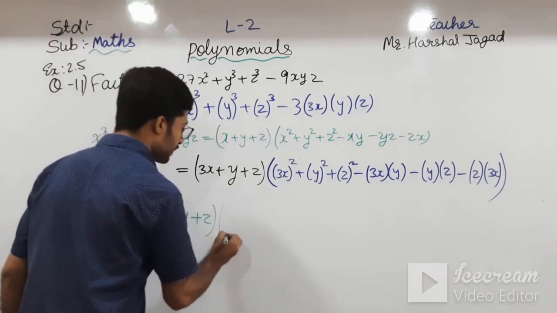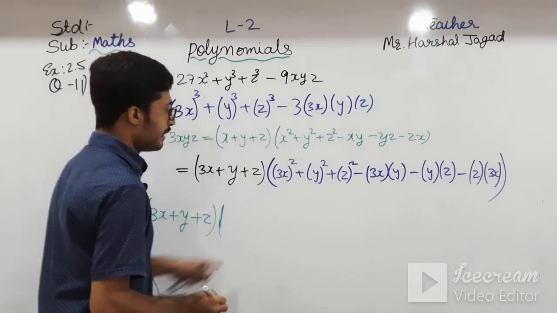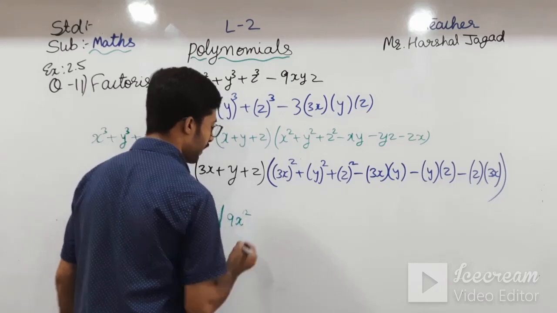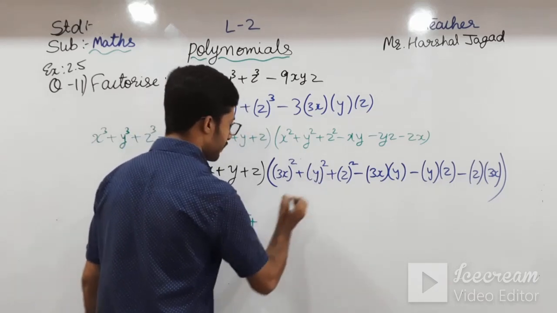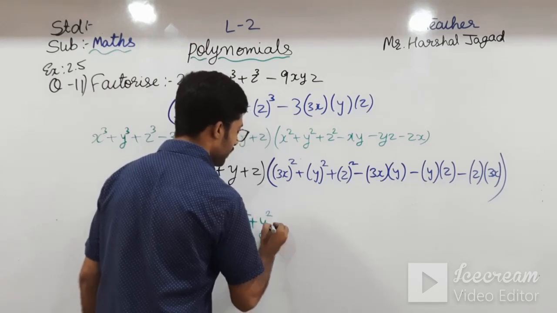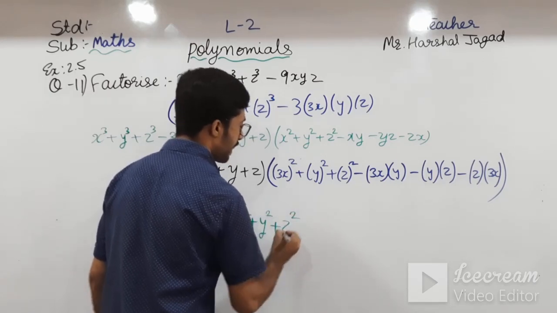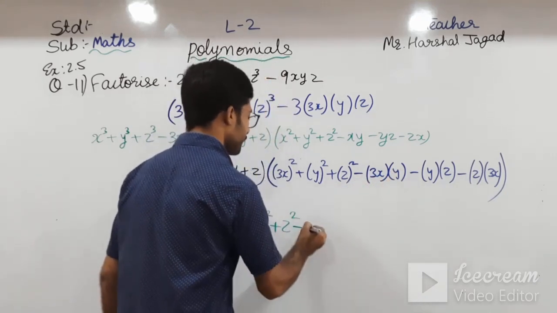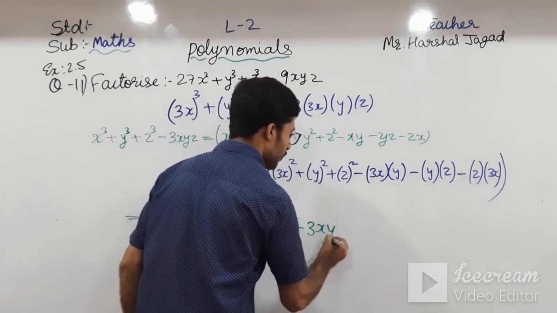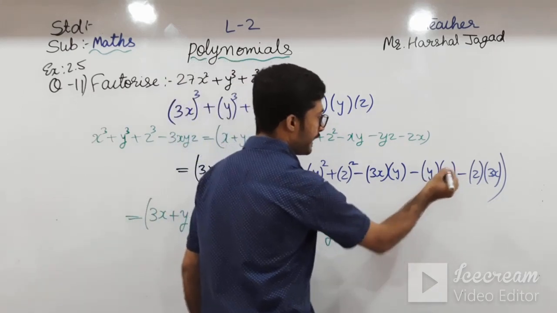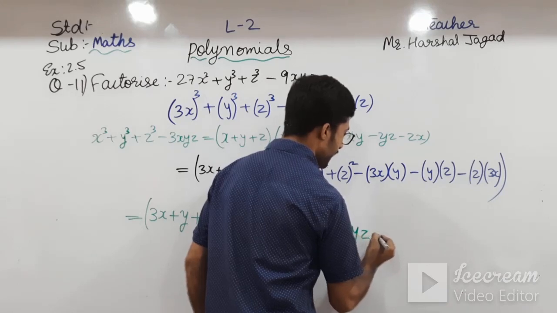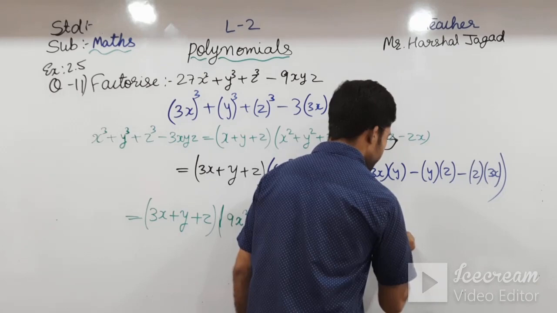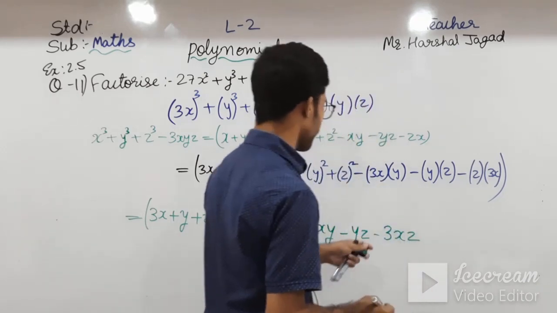And next in the another bracket, 3x the whole square, that is 3 3s are 9x square, plus y square, that is y square, plus z square, that is z square, minus 3x into y, that is 3xy, minus y into z, that is yz, minus z into 3x, that is 3zx or xz. You can write both.